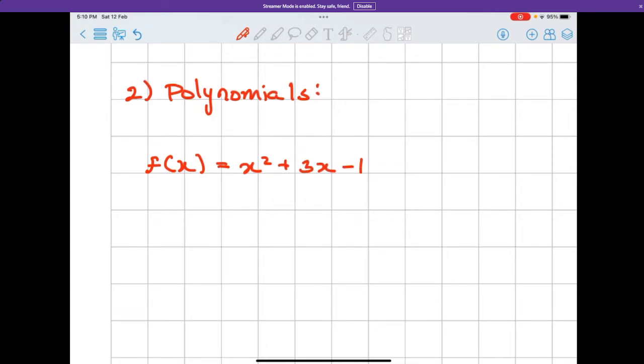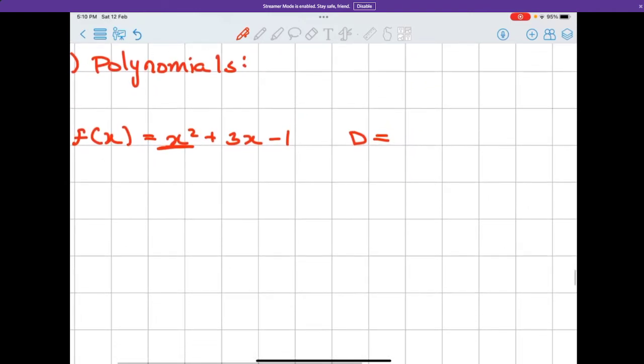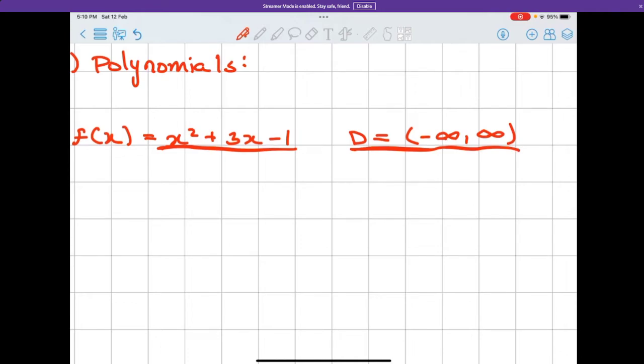See here, no matter what number we put in x, there is no way that it will give us something that will make the function undefined, which means that the domain for polynomial functions in general is all real numbers, which is negative infinity and infinity. Most case scenario, like 99% of the time, the domain for polynomial functions, which could look like quadratic functions, is going to be all real numbers, which is negative infinity and infinity.